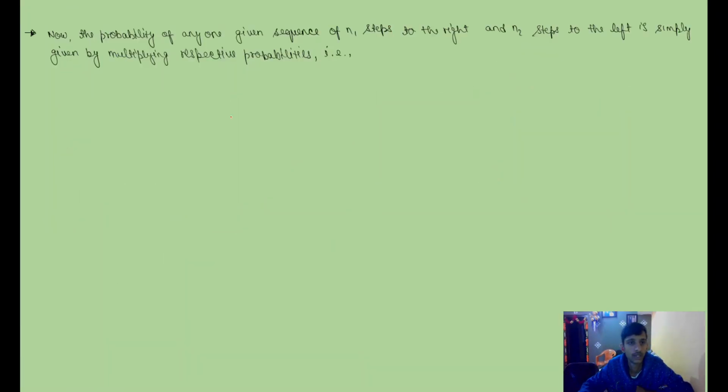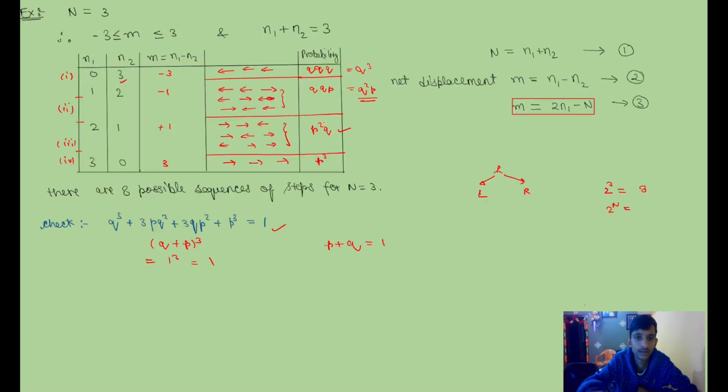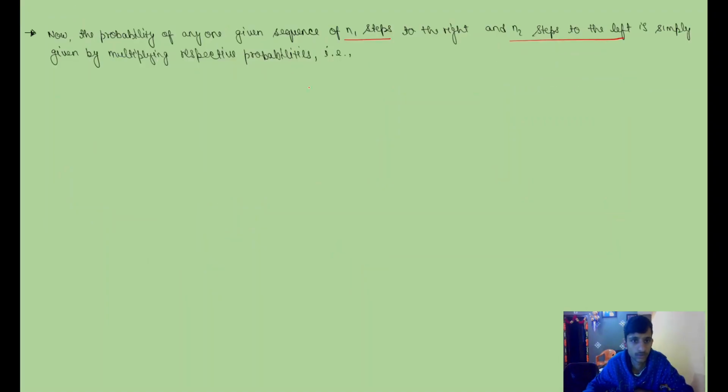Okay, now what will be the probability of any one given sequence, where you are taking n1 steps to the right and n2 steps to the left? It will be just multiplying the respective probabilities, as I have done in the previous step. If it is taking to the left q, and again if it is taking to the left then q, and then again q, I am multiplying all these three probabilities. So here also, let's suppose he is taking total n1 steps to the right.